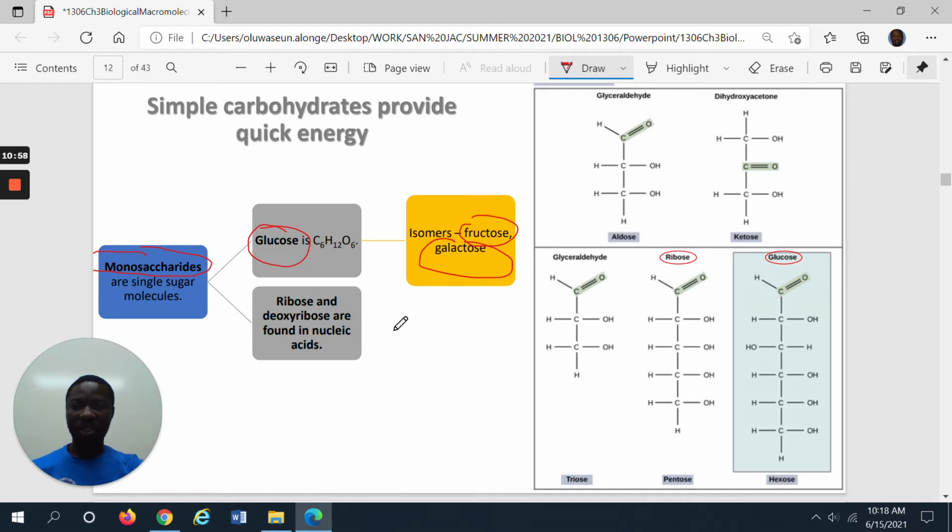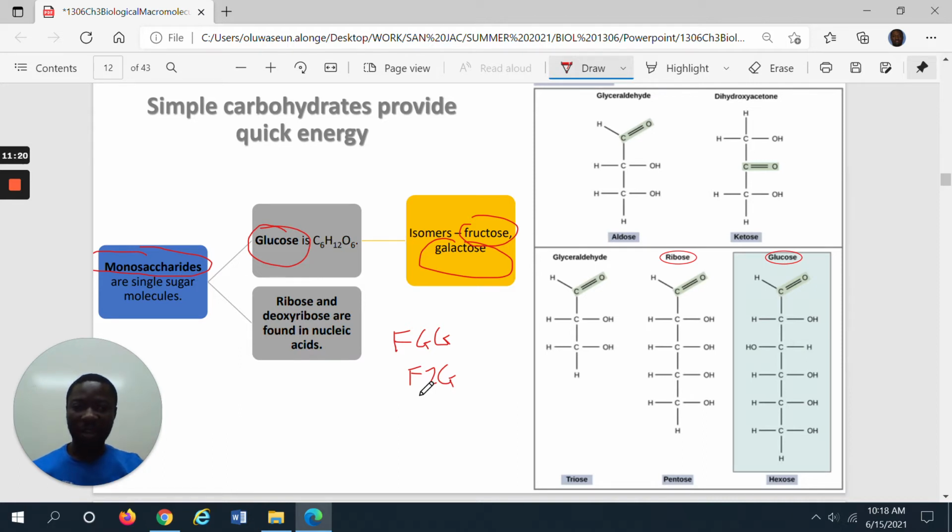So I just call it FGG, or you want to call it F2G. So it means fructose, galactose, and glucose.